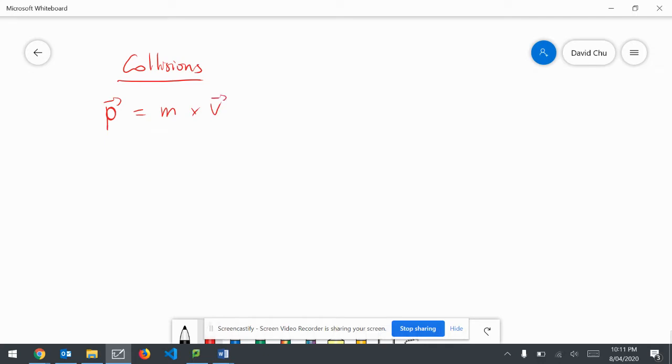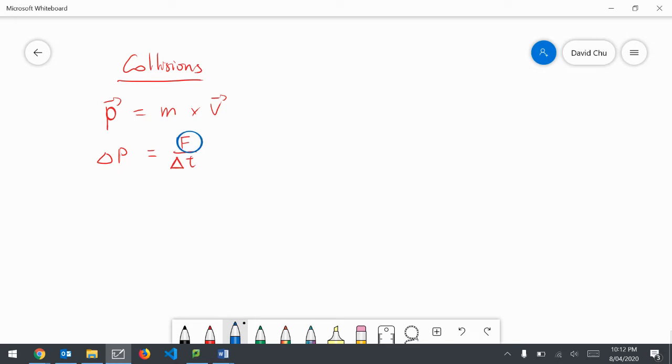We also determined that the change in momentum equals force divided by change in time. So this means that in the absence of force, there's no change in momentum. This is an important thing as we go into collisions.